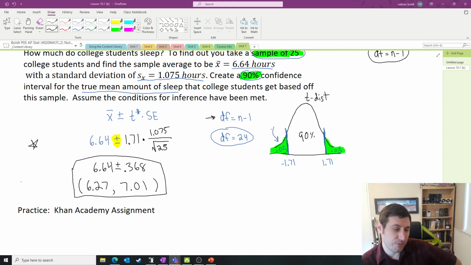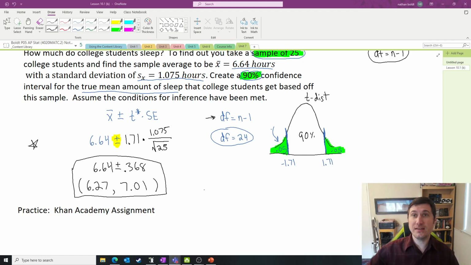Probably like 4.32, so it rounded down. So head on over there. Let's take maybe 15 minutes. Try those out. See if you can calculate a confidence interval. If you get stuck, please throw some questions in the chat, and I will answer you.